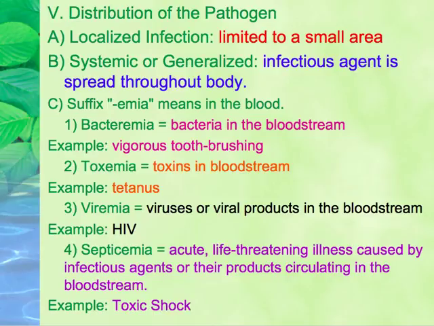Boys, this is an illness associated in females with the use of feminine products. Okay, so septicemia, infectious agents or their products. Remember me talking about the bacteria that are gram-negative, that have LPS, and LPS acts as one of those infectious agent products. Okay, if it gets in the bloodstream, the person gets septicemic shock.